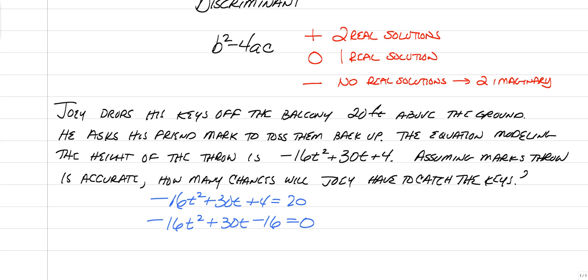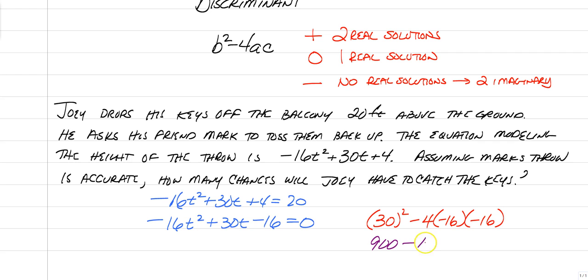But we're just going to use the discriminant. The discriminant is b squared minus 4ac. So we have 30 squared minus 4 times the negative 16 times the negative 16. So of course, 30 squared is 900 minus 16 times 16 is 256.